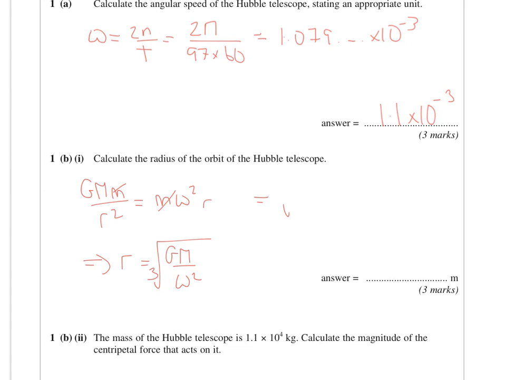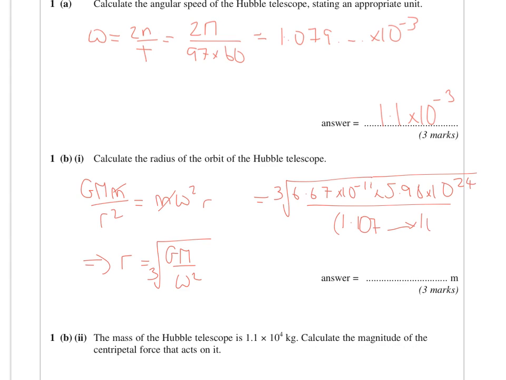So that's going to be the cube root of 6.67 times 10 to the minus 11 times 5.98 times 10 to the 24, which is the mass of the Earth. And we divide that by 1.107 times 10 to the minus 3 squared. There. So let's calculate that.